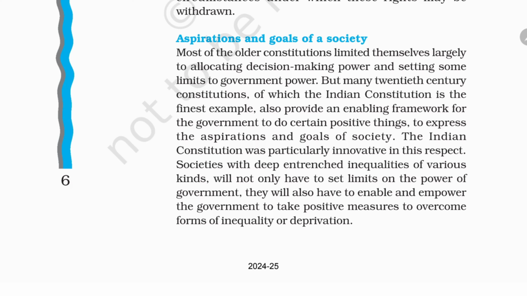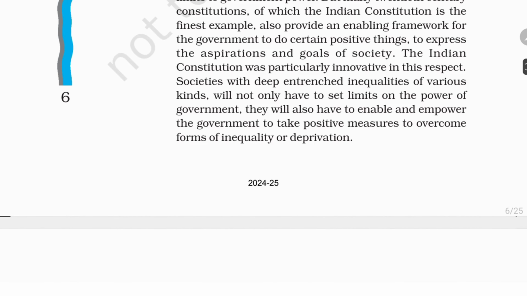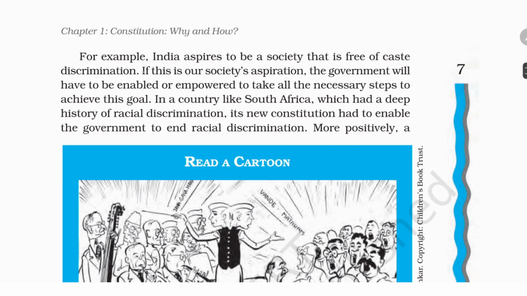Society with deep entrenched inequalities of various kinds will not only have to set limits on the power of government, they will also have to enable and empower the government to take positive measures to overcome forms of inequality or deprivation. For example, India aspires to be a society that is free of caste discrimination.